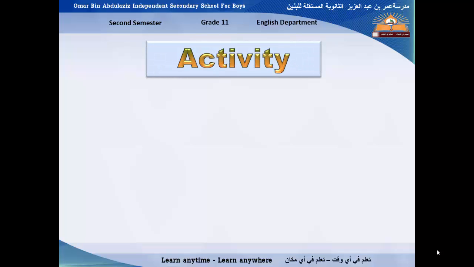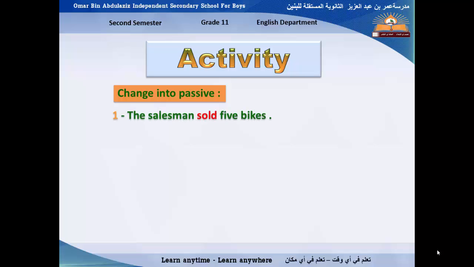Now with this activity, activity 1, change these statements into passive voice. Number 1, the salesman sold 5 bikes. First of all, the object will be the subject. Then we have to add verb to be in the past form; in the past simple we have to add was or were.